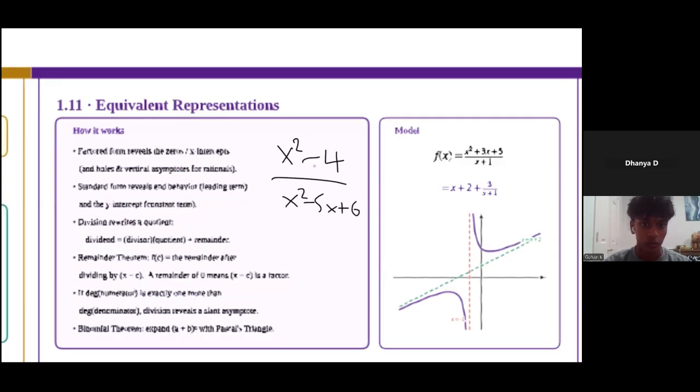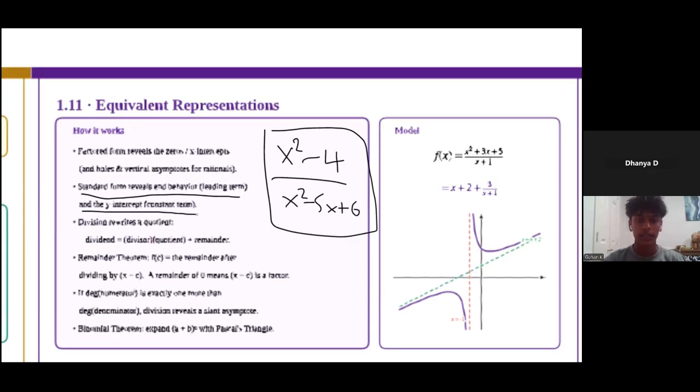So what does the standard form tell us? That's what we're going to look at first, and then factored form after. Standard form reveals end behavior from the leading term and the y-intercept, which is the constant term.